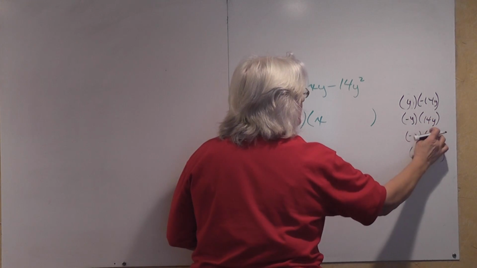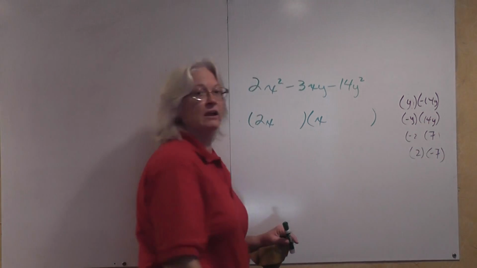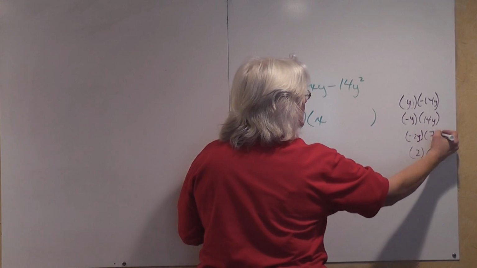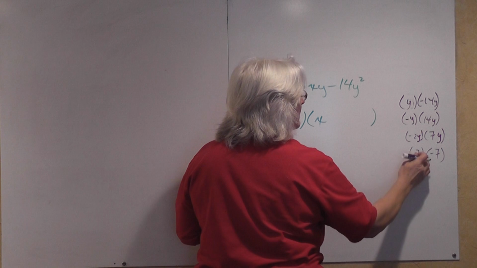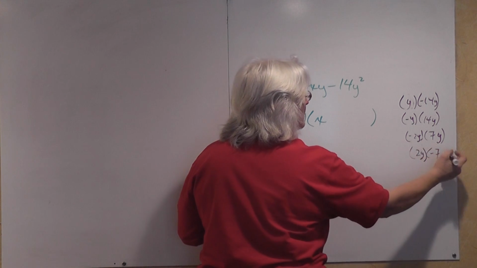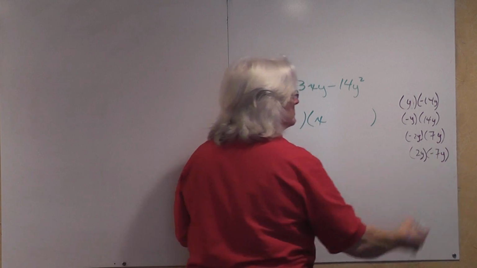We have negative 2y times 7y. We have a positive 2y times a negative 7y.